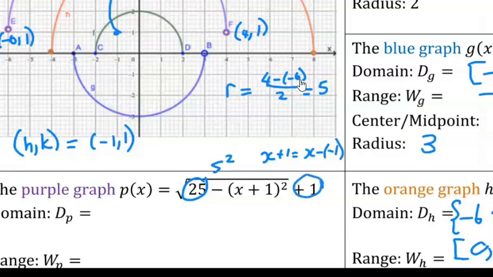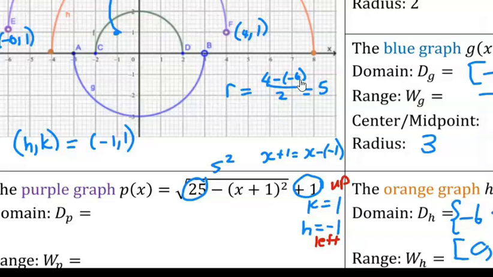And this is my K value, and my H is equal to -1. So K equal to 1, which is positive, causes the graph to move up. H equal to -1 causes the graph to shift left. So my equation for my purple graph is perfect there.